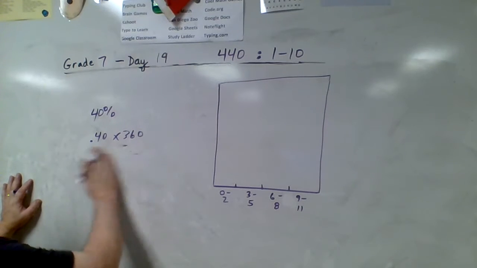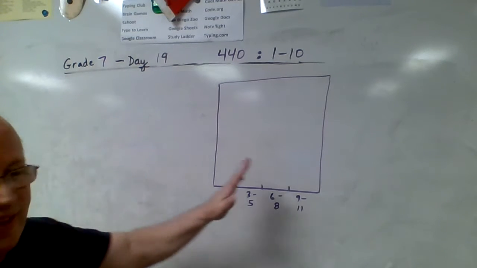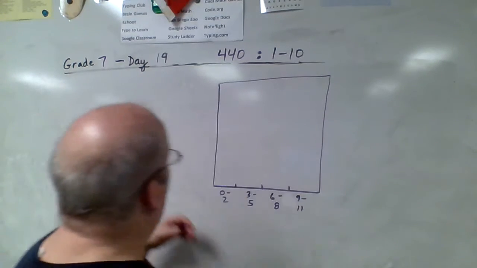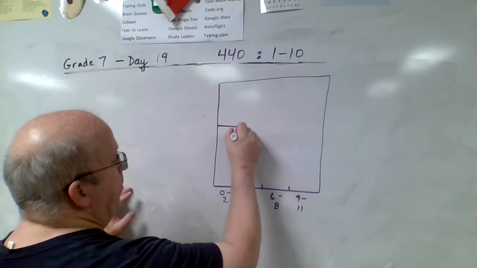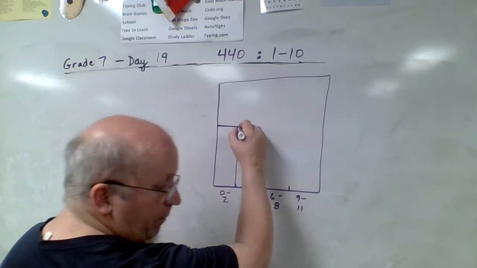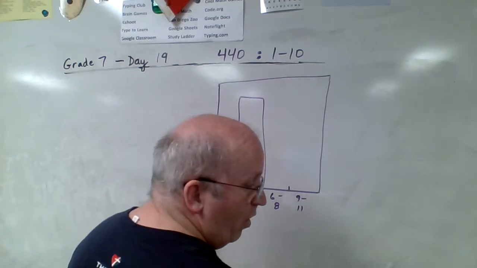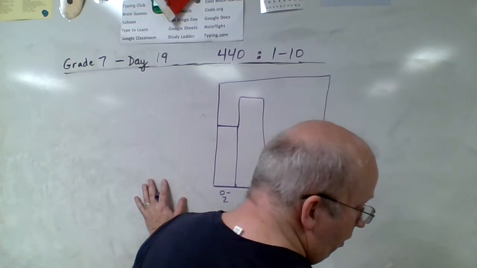But that's not what you're going to get in this particular case. You're going to be having a situation here where you're going to have some bars that you're going to create. Now, I'm not going to tell you the numbers of each of these bars, because that's for you to just figure out on your own.